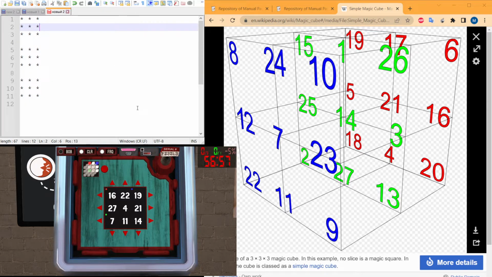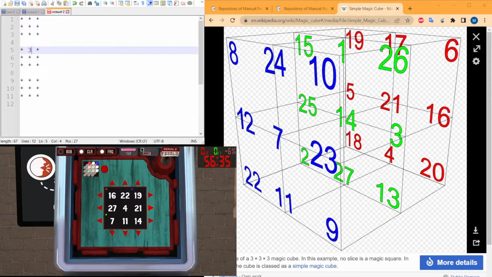So the lowest number on our magic cube on the module is 3. So that means we're going to start here from 1 in the same position and write down 3, and increasing 1 for each next cell.